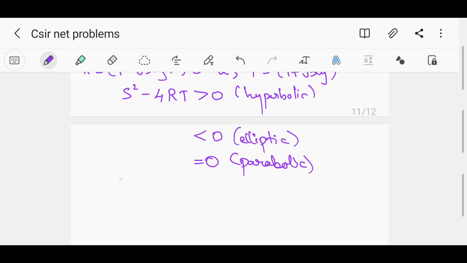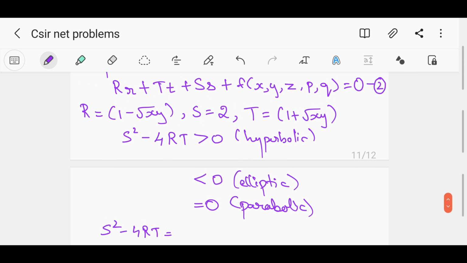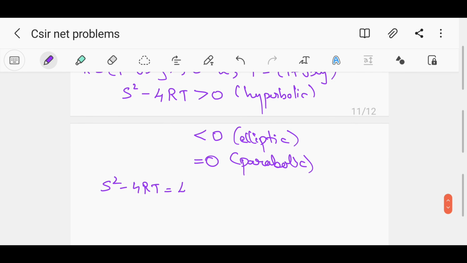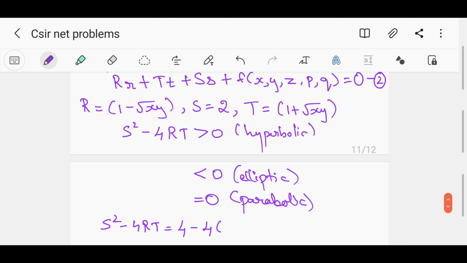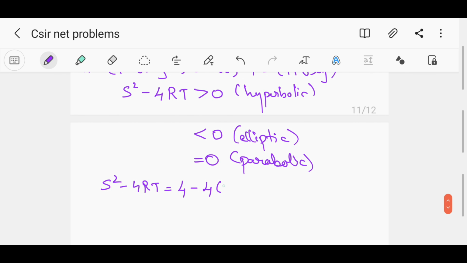So let us check S square minus 4RT, which is equal to, what is S square? What was S? S is equal to 2, so S square will be 4, minus 4 into R. What is R? R is equal to 1 minus root of xy. What is T? That is 1 plus root xy.